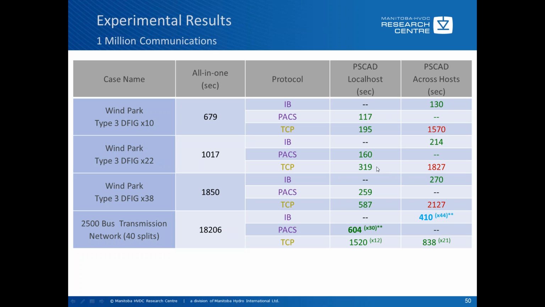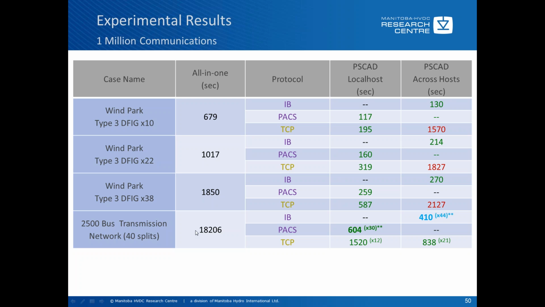So we're still 5 times faster. We go to 38 machines, again we're at 1850 seconds, whereas shared memory and InfiniBand is at 250 to 270 seconds. Still much better. That acceleration is now in the neighborhood of 6-7 times faster using a wind park with 38 machines.